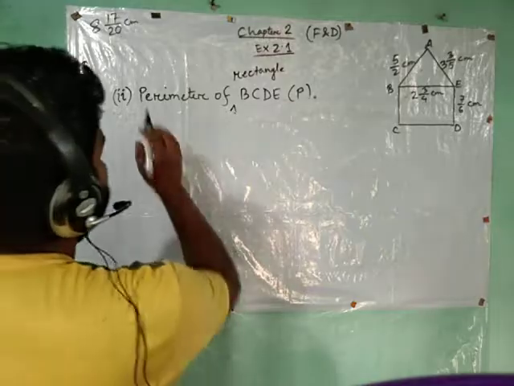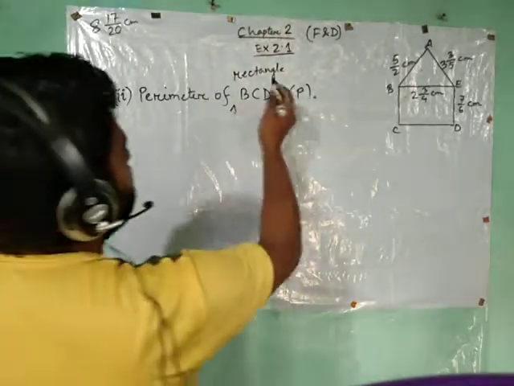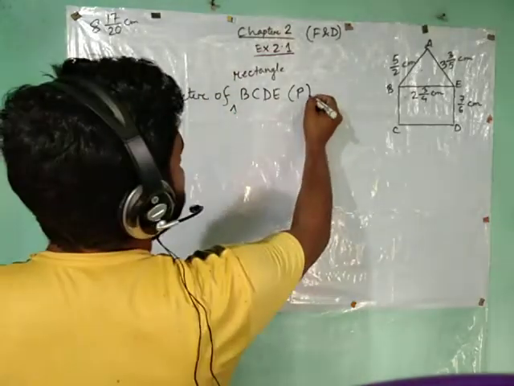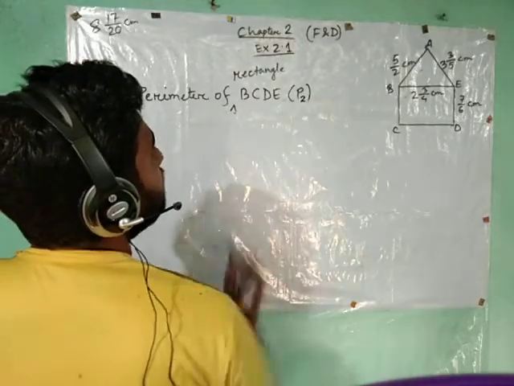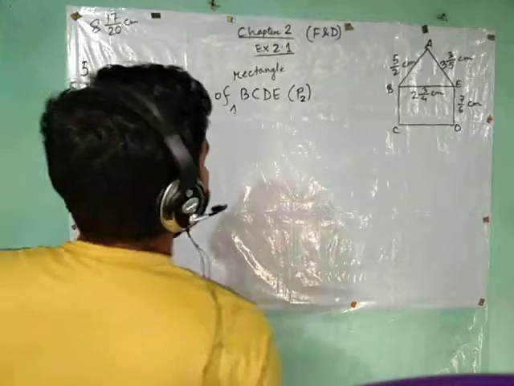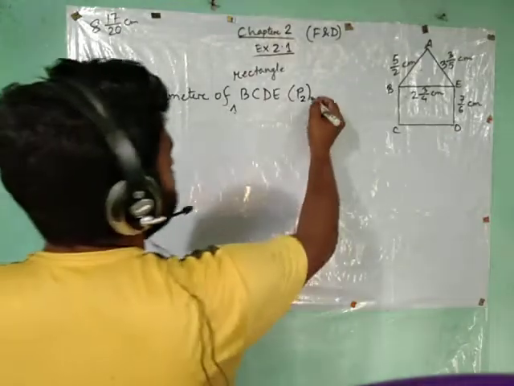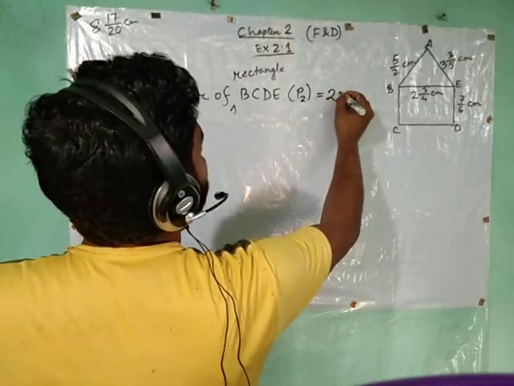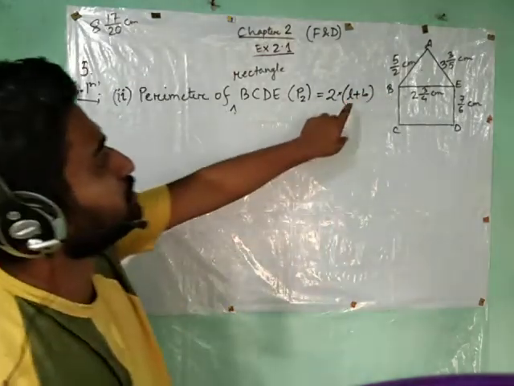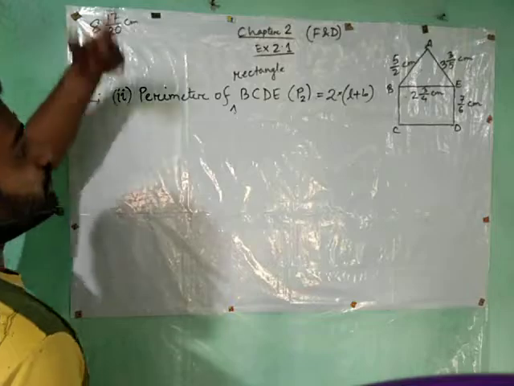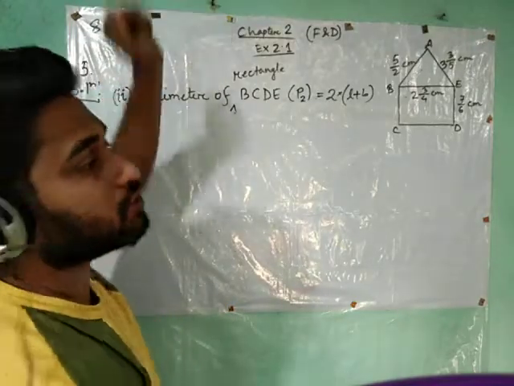Perimeter of the rectangle BCDE, but this will not remain P. P is for perimeter, but it is perimeter 2. Okay, now what is the formula for this? Formula will be 2 into (L plus B). Now we have put this L and B because already we have mentioned what is L, what is B, right?